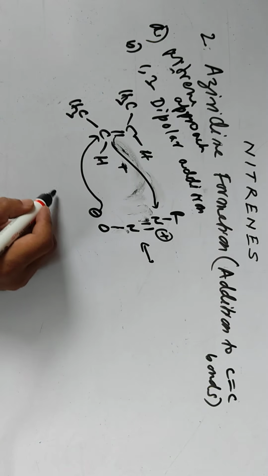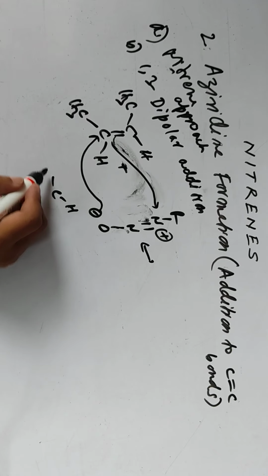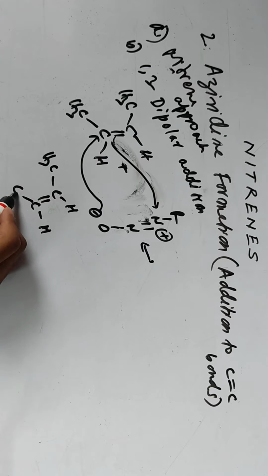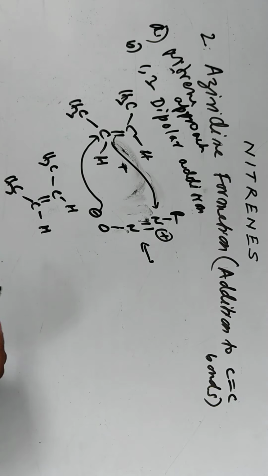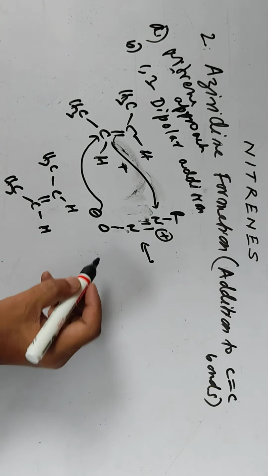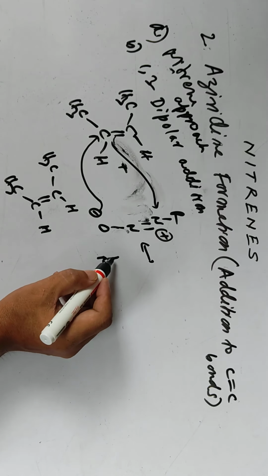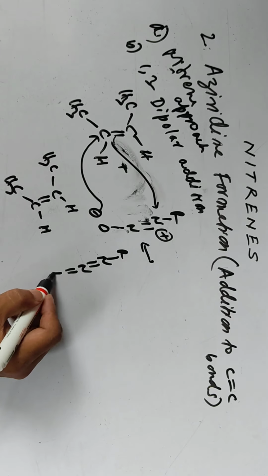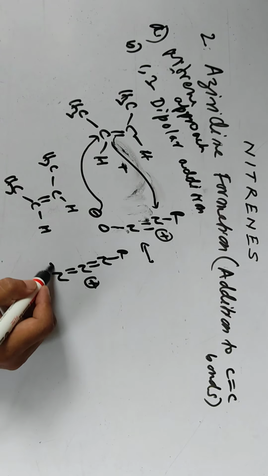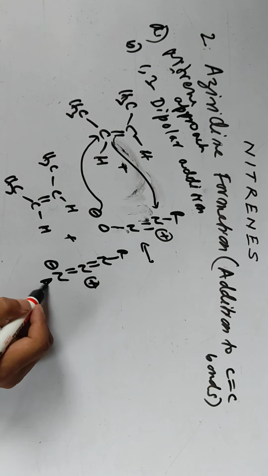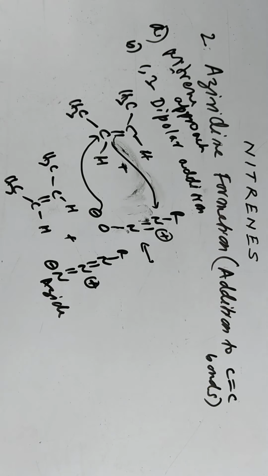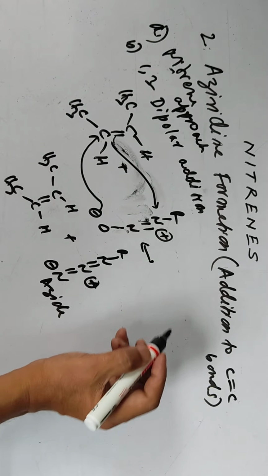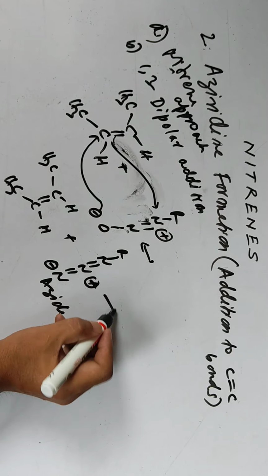Another example is reacting with CH3, an azide. Reaction with the azide can also take place. The azides are like this, with a positive charge and a negative charge. So you can have a cyclic intermediate here also.